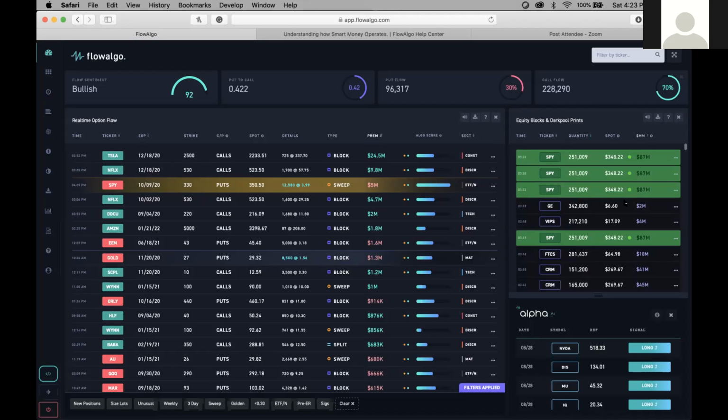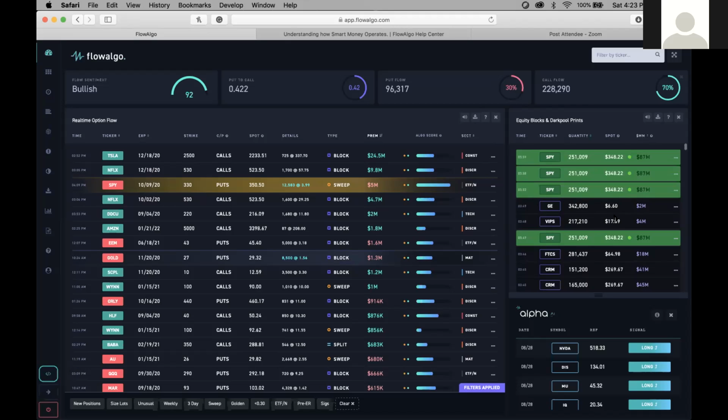So these can be a little tricky because you don't exactly know whether it's a buy or a sell, or if it's bullish or bearish, because someone is buying and someone is selling these shares regardless of how it's distributed.